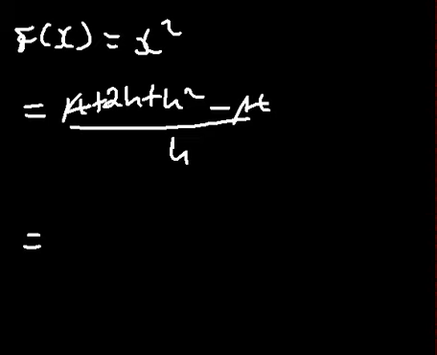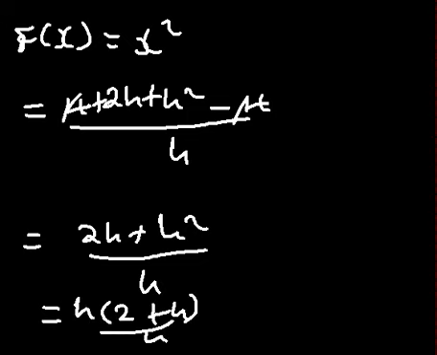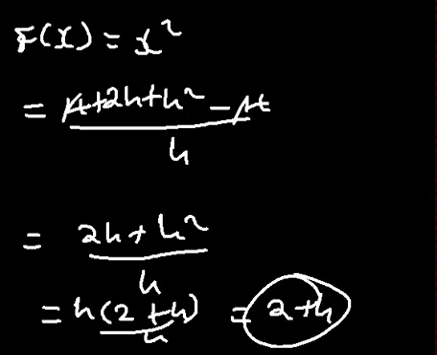So now we'll have 2h plus h squared over h. So I'll have to factor out h on the numerator. I'll have h times 2 plus h over h. That will be given as 2 plus h. So that's the solution.